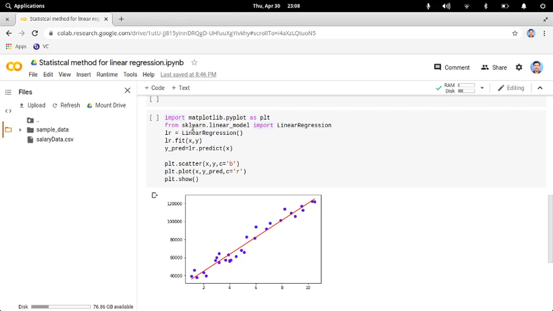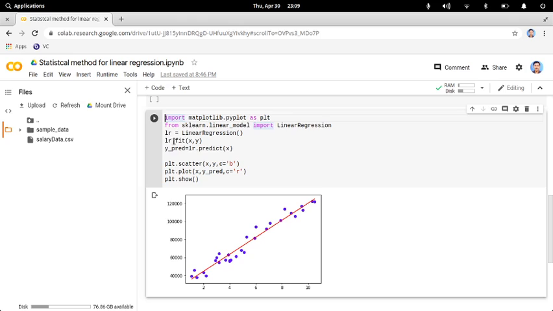From sklearn, scikit-learn, you import LinearRegression. Then you fit the same x and y values to sklearn's linear regression.